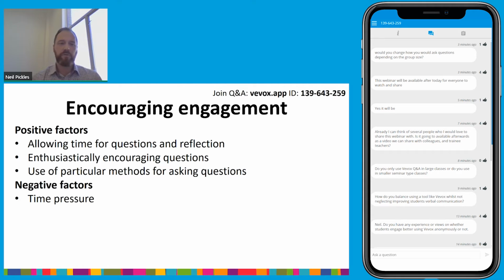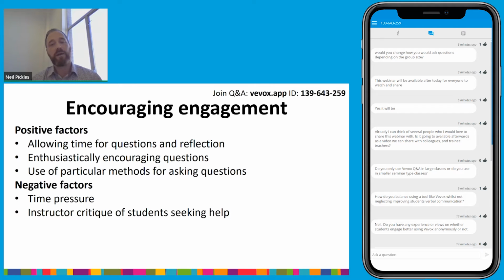This paper also suggested some maybe obvious but still need to be stated negative factors. Time pressure: if you don't give people enough time to think about their questions and their answers, then you won't get quality responses. Another important point, particularly if anybody is asking questions, is that if you're critical that the student is seeking help, that just creates barriers and people close up.